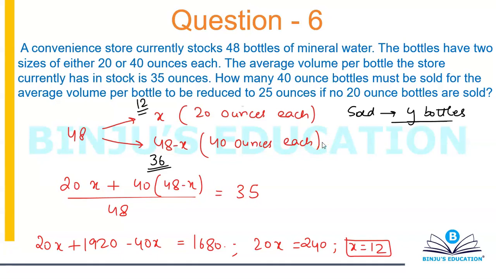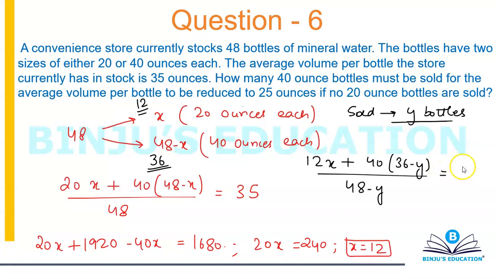Then I can calculate my average as (12x plus 40 into (36 minus y)) divided by a total of 48 minus y, and that will be equal to 25. So you just have to calculate this.